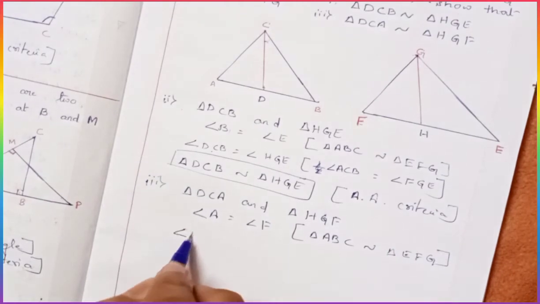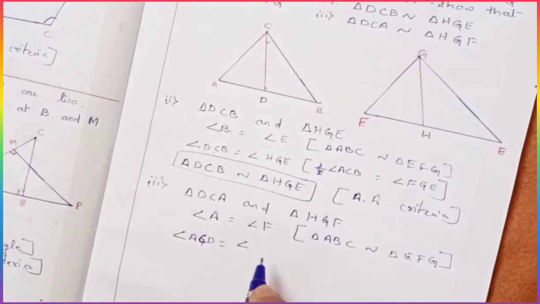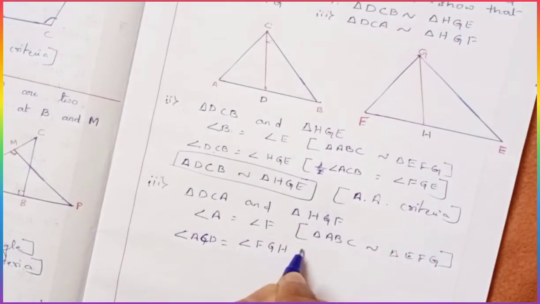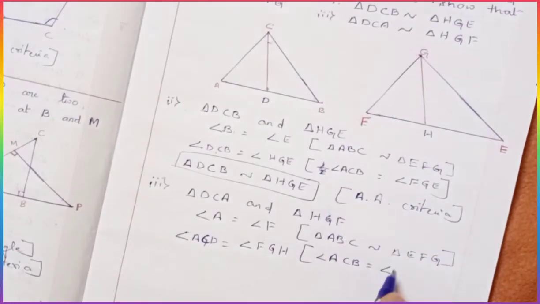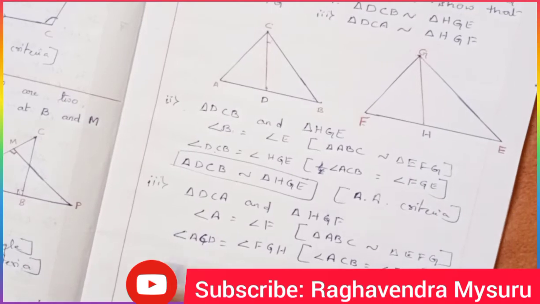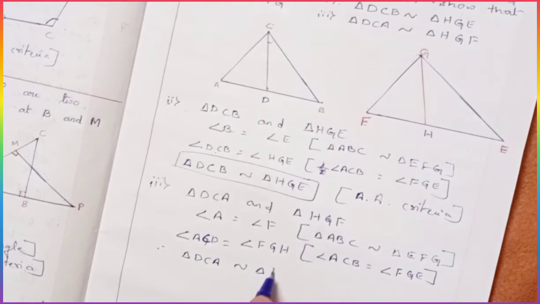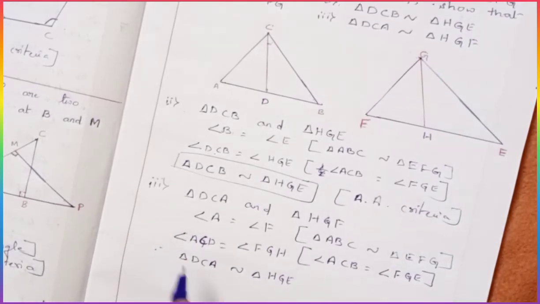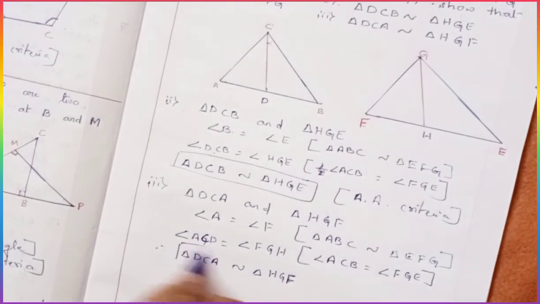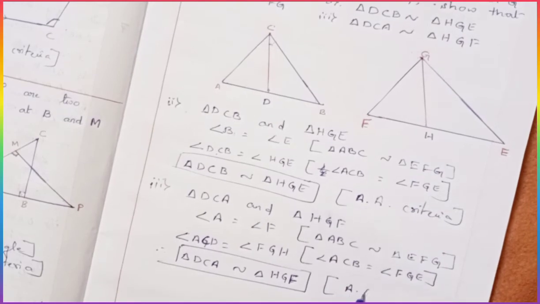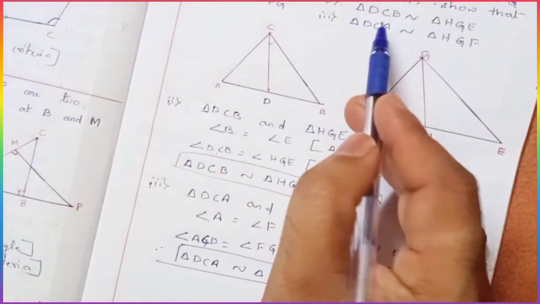So we can write the same thing, that is angle ACD is equal to angle FGH. The reason is that these two angles are equal in the original triangle. Therefore, triangle DCA is similar to triangle HGF. So once again, which criteria is it? It is AA criteria itself. So the second one and third one are finished.